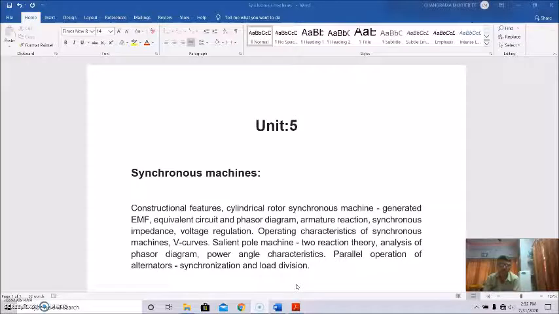Particularly today we'll start a new unit 5, which is basically on synchronous machines.